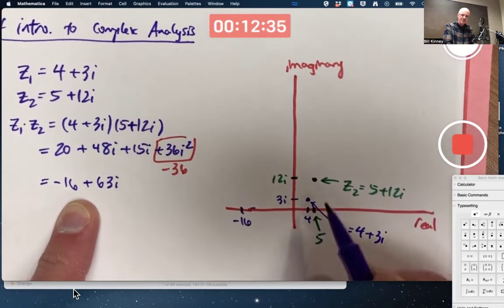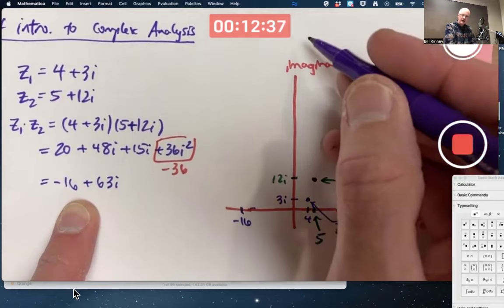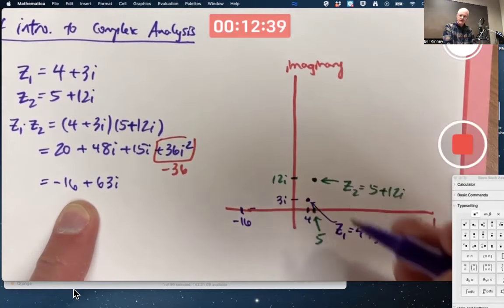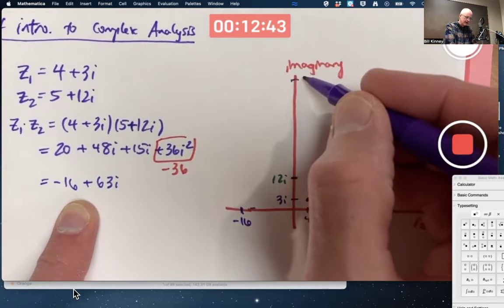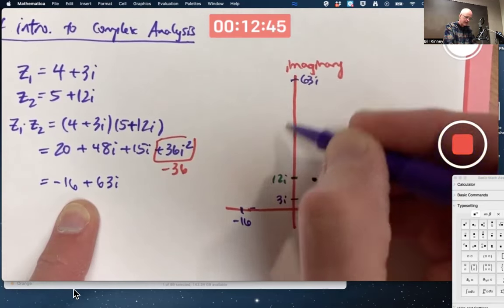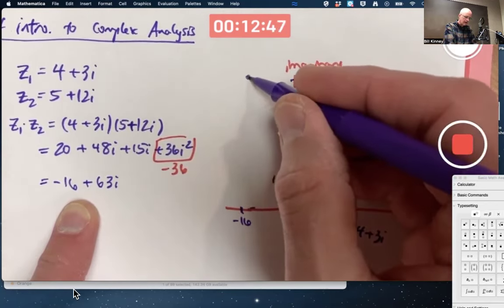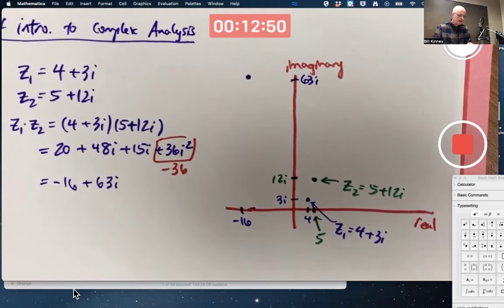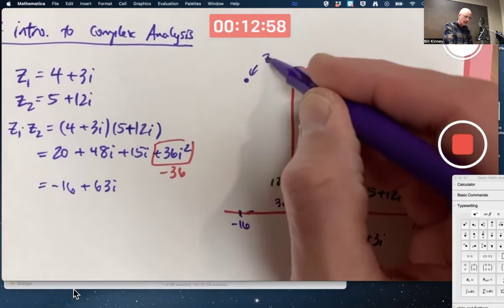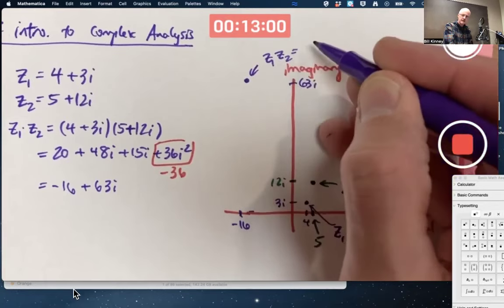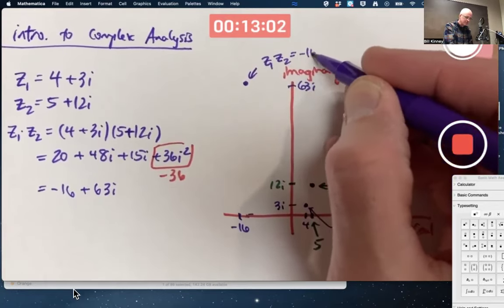And 63, that's way up here, maybe even above the word imaginary there. But I will draw it to be like here, say, 63i. So we're up here approximately. So there are dots, points, representing these 3 different complex numbers, Z1, Z2, and the product, Z1 times Z2.